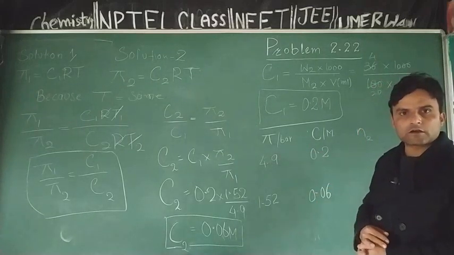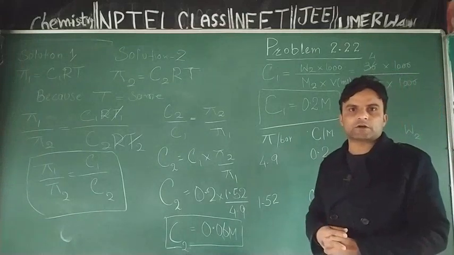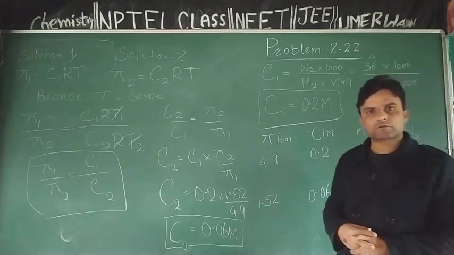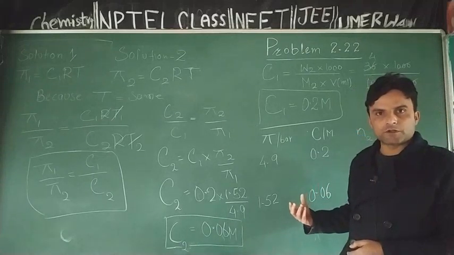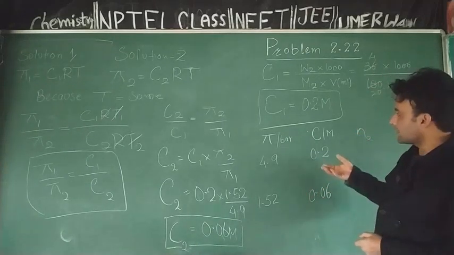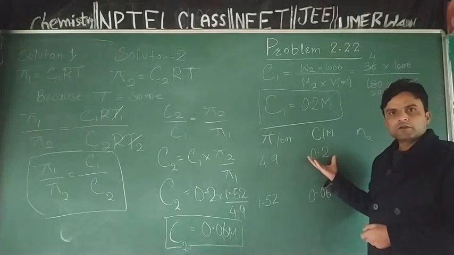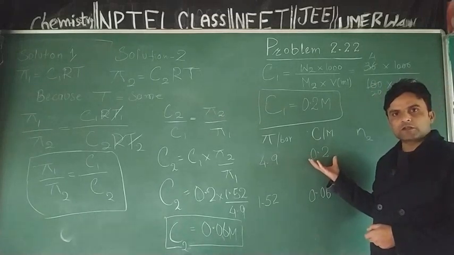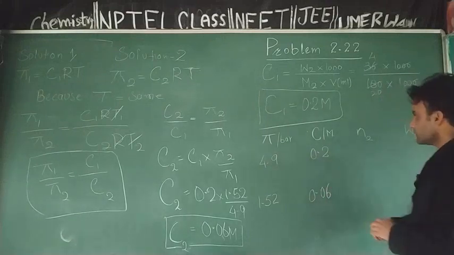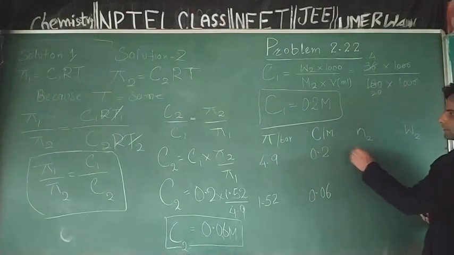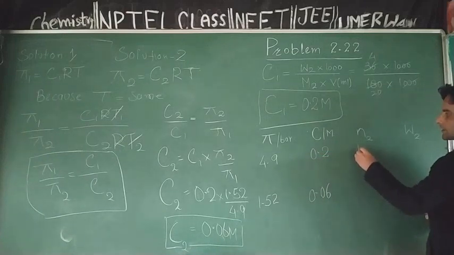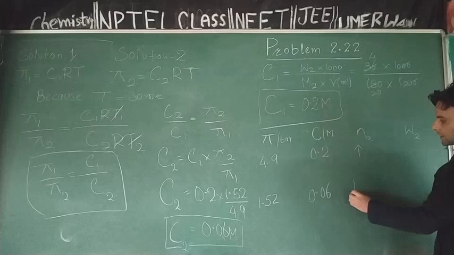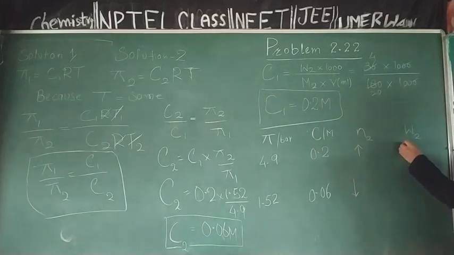Again validating the concept that osmotic pressure of solution containing non-volatile solute is a colligative property, and it depends not on nature of solute, it only depends on number of moles of solute in 1 liter of solution. Here number of moles are greater, here number of moles are less. Here weight dissolved was 36 grams of glucose.